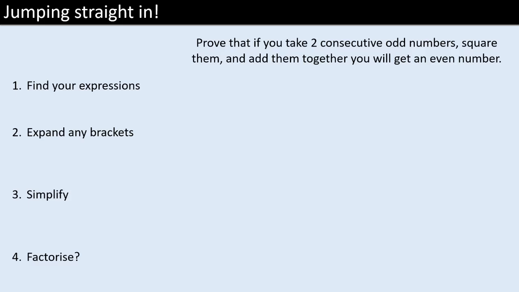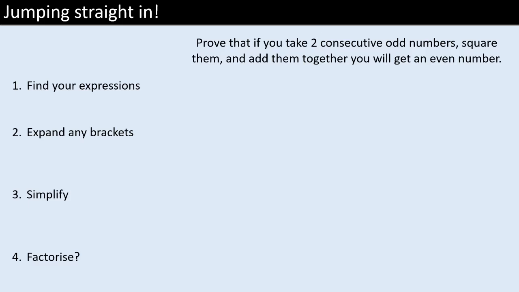Something like this. Okay? So, prove that if you take 2 consecutive odd numbers, square them, and add them together, you will get an even number. Step 1. Find your expressions. We need to come up with our own expressions because we've not been given them.